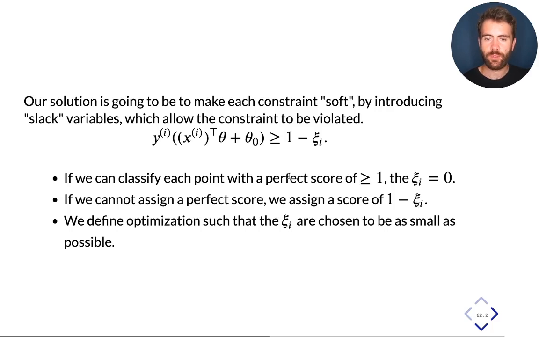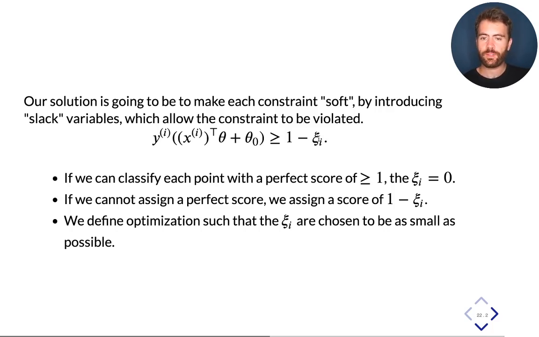For example, if this point is misclassified and this multiplication is below 0 when it should be at least above 1, then xi will take a value that can be 1 or larger. By the way, these are also known as the slack variables, because this constraint can hold with some slack.